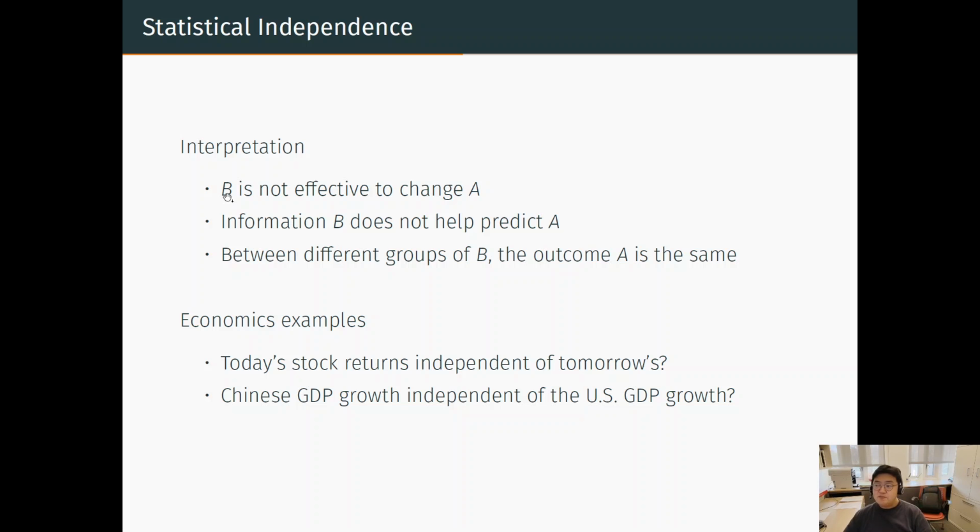You may interpret that B does not affect A at all, or that information about B does not help predict A. Because B does not affect A, you don't need to observe B when you estimate the probability of A. Or in terms of comparison, there is no difference; they are the same. That's exactly what we do.